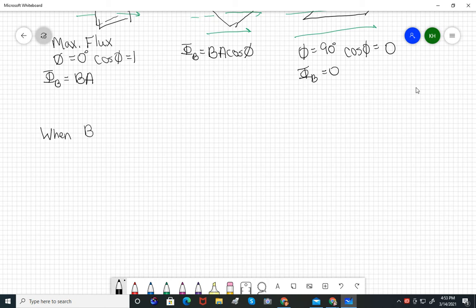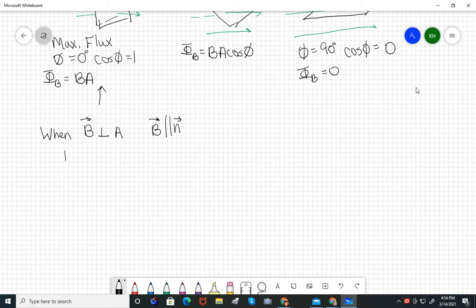When B is perpendicular to the area, which is this first case right here, that's the same thing as saying that B is parallel to the normal. That's when we get that maximum flux.